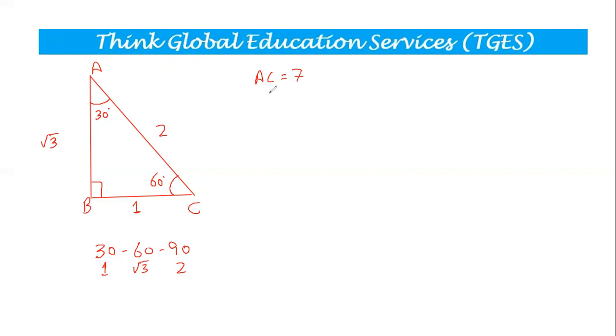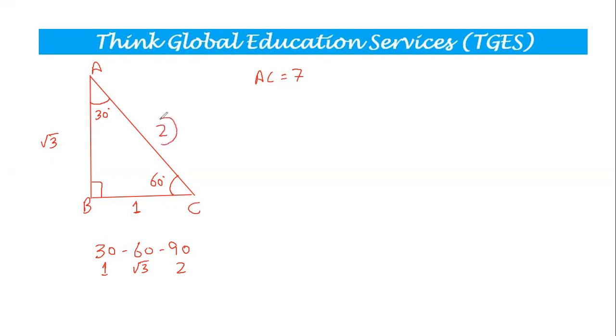If I know one side, I can calculate the remaining sides, and it's very easy. Whichever side is given to you, which side is given to me? AC. What's the ratio of the side AC? 2. So whichever side is given to you, convert the ratio of that side into 1.